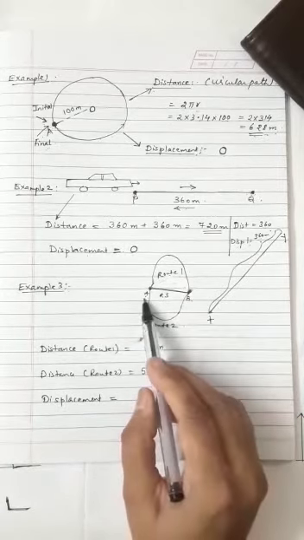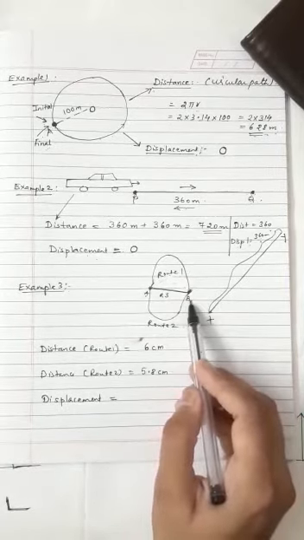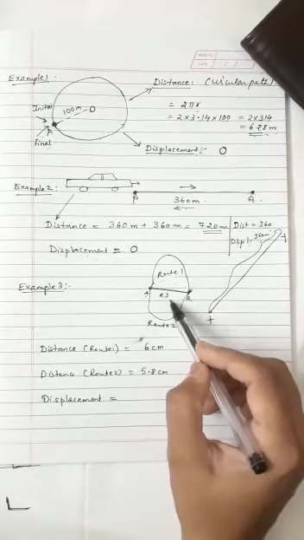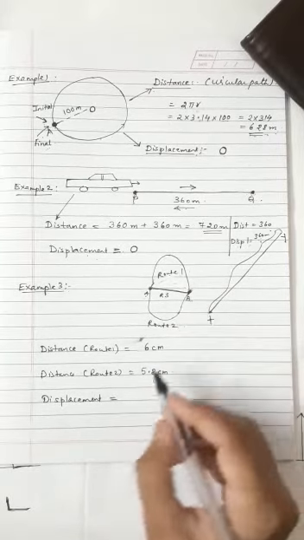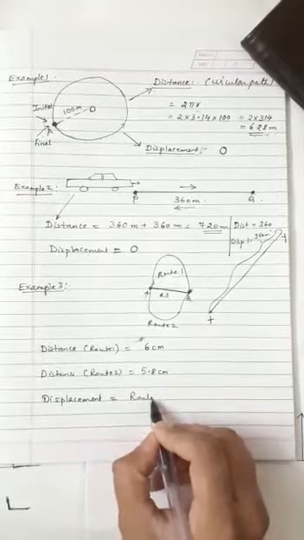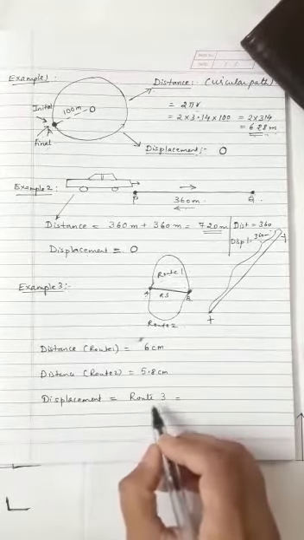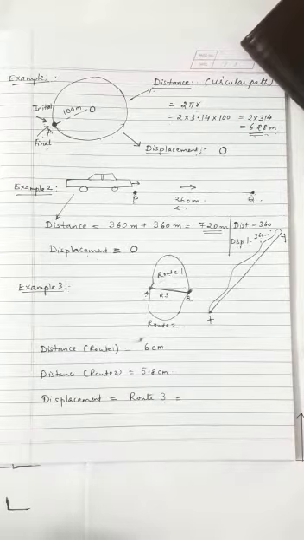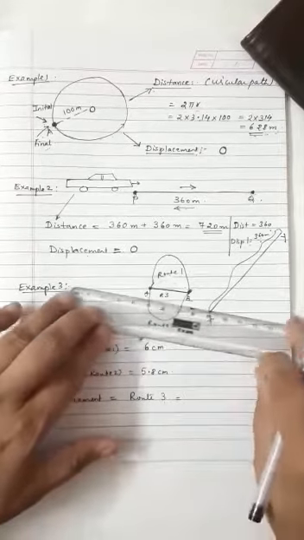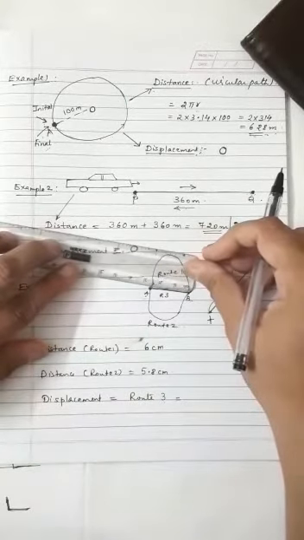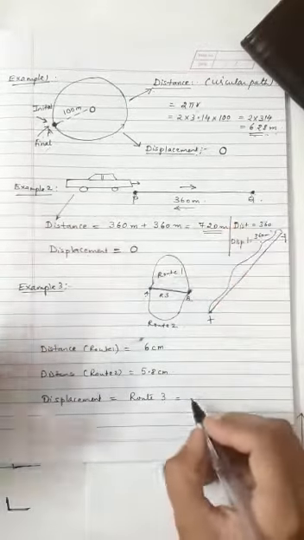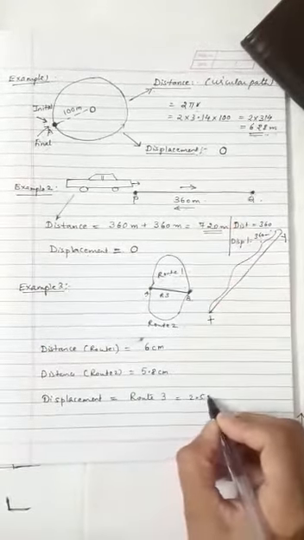So our starting point is A, our ending point is B. So out of route 1, route 2 and route 3, it is route 3 which we are going to consider when we talk about displacement. So let us measure that distance. Yeah, it is coming as 2.5 centimeters.